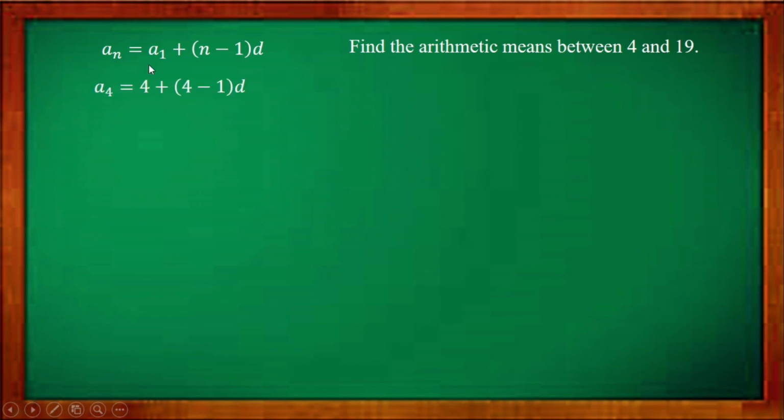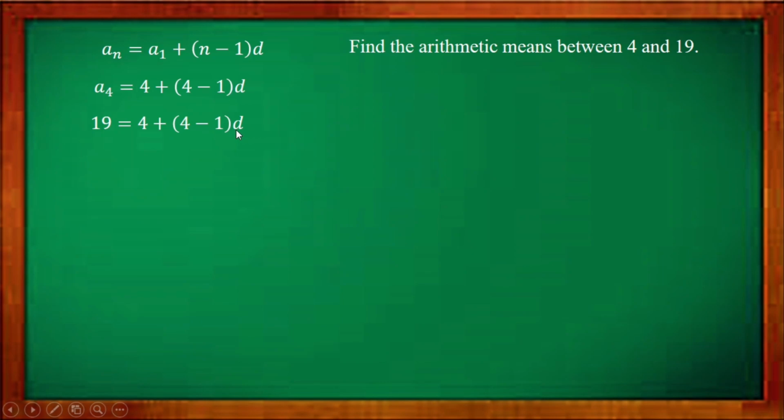Then we substitute the given values. So n is 4, a sub 1 is 4, and the value of d is still missing. Then next, we substitute the given values. A sub 4 is 19 equals 4 plus 4 minus 1 times d.